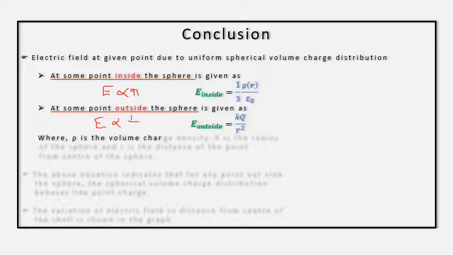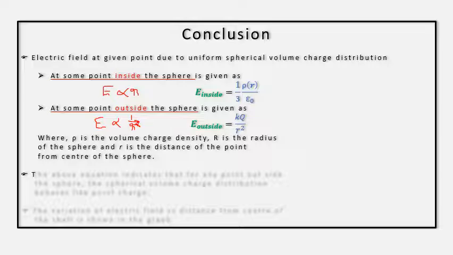So what is rho here? Rho is the volume charge density, and what is capital R? Capital R is the radius of the volume charge distribution, and small r is the distance of the point from center.